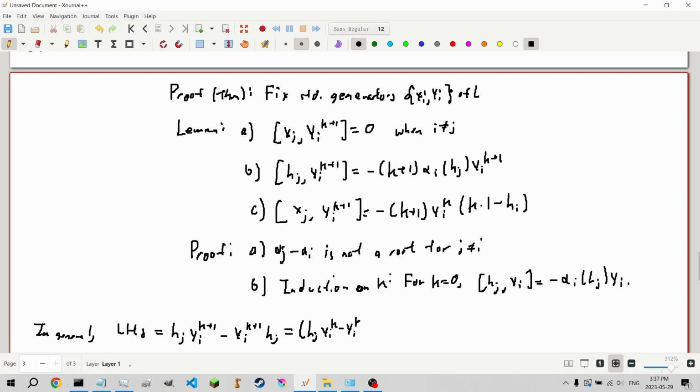So we're going to strip, we get yi to the k hj times yi minus yi to the k plus yi to the k hj yi minus yi hj, which is negative k alpha i hj times yi. We're going to split this up into yi to the k yi plus yi to the k.